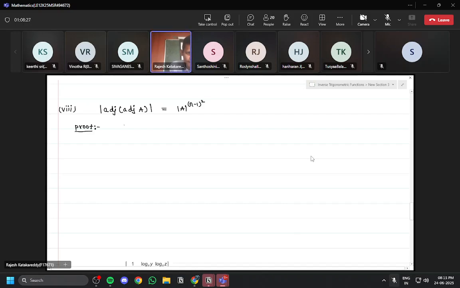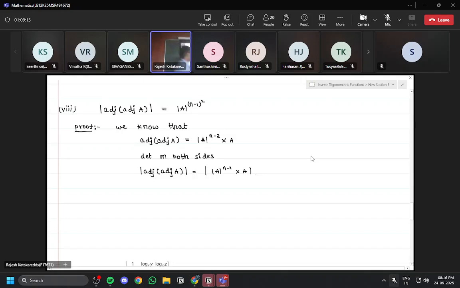We know that adjoint of A is equal to determinant of A to the power n minus 2 into matrix A. Taking determinant on both sides, determinant of adjoint of A is equal to determinant of A to the power n minus 2 into matrix A. Property number 1, this is a scalar.